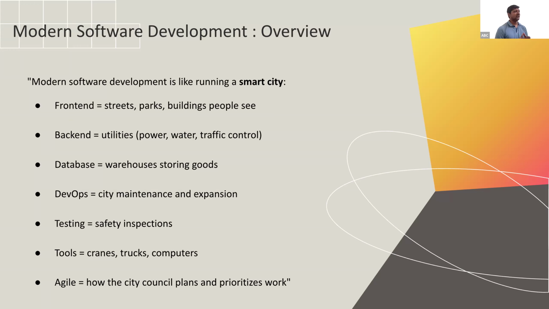DevOps is something like the maintenance, or if we have to plan expansion, then that's about that. Testing is about safety inspections. Tools are like cranes and trucks and computers. And Agile is how the city council plans and prioritizes work, right?